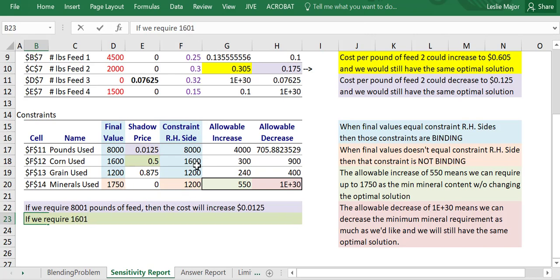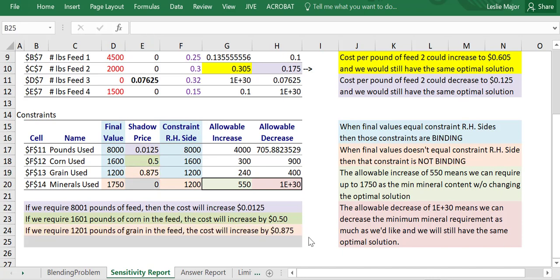If we require 1,601 pounds of corn in the feed, increasing this by 1, the cost will increase by 50 cents. And same idea with the grains. If we increase the pounds of grain up to 1,201 pounds, we're going to have our cost go up by 87 cents.